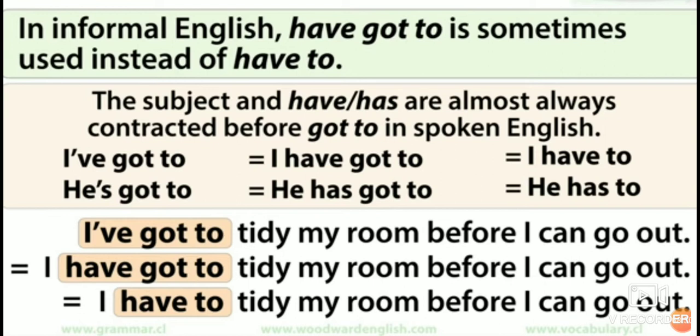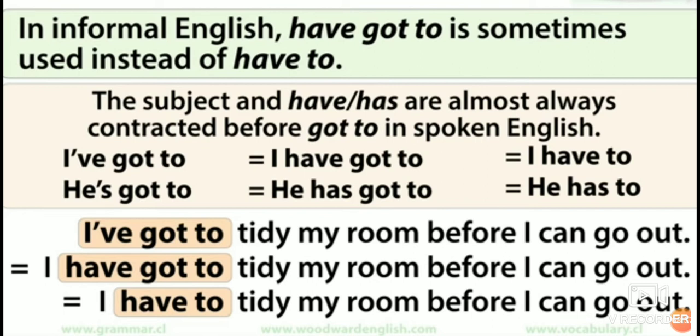In informal English, have got to is sometimes used instead of have to. The subject and have or has are almost always contracted before got to in spoken English. Okay. See, I have got to is equal to I have to. He has got to, he has to.